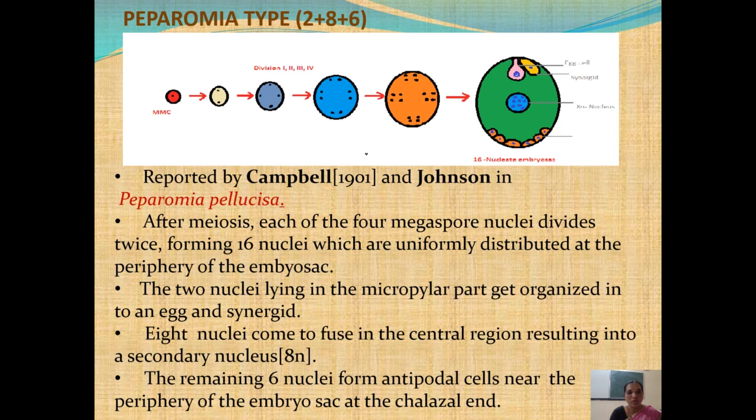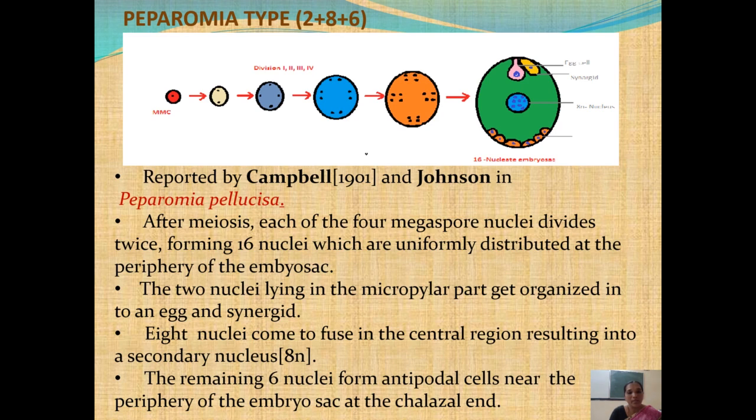The 2 nuclei lying in the micropylar part get organized into an egg cell and synergid. 8 nuclei fuse in the central region to form the secondary nucleus, that is 8N.